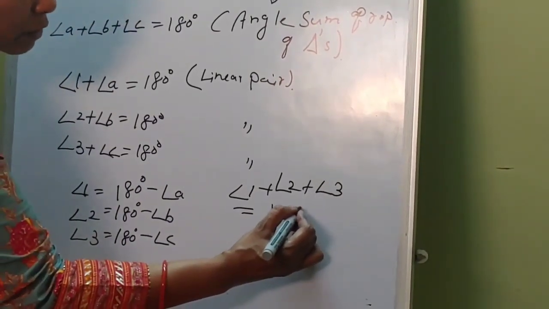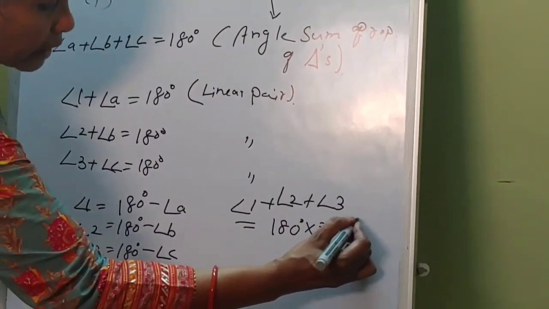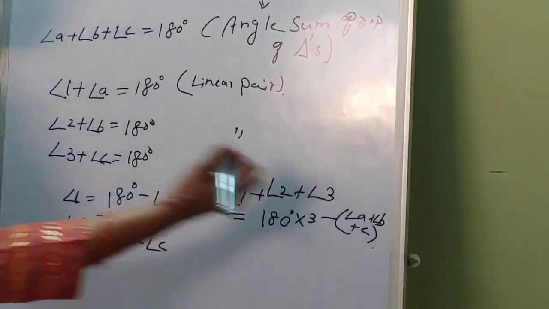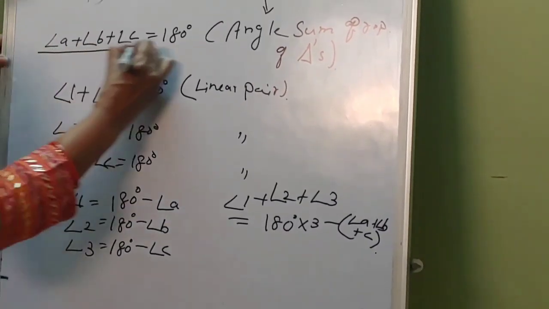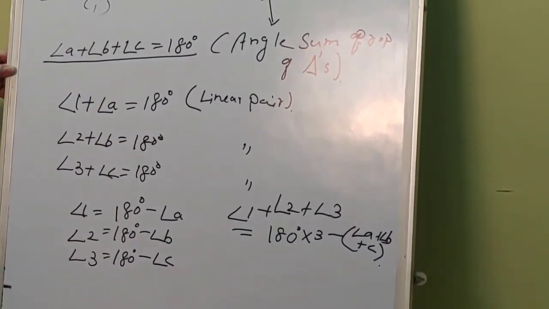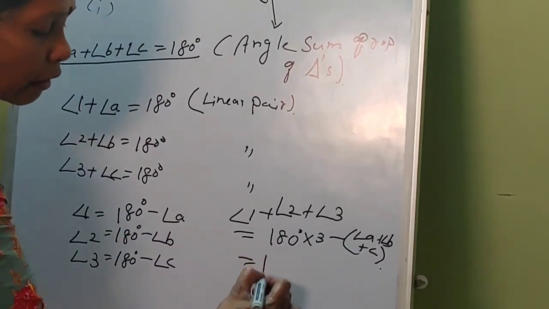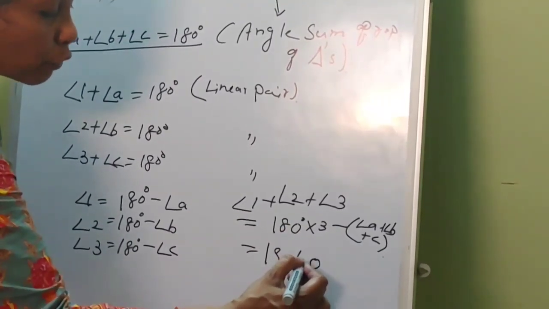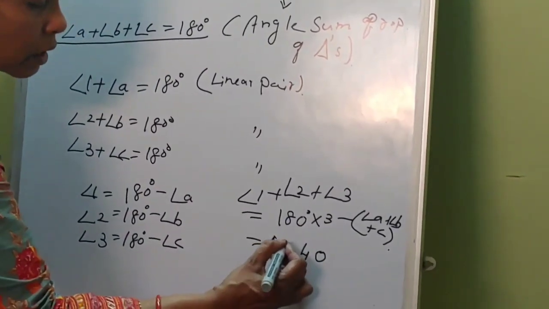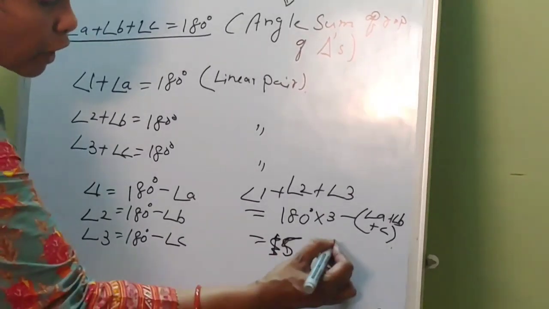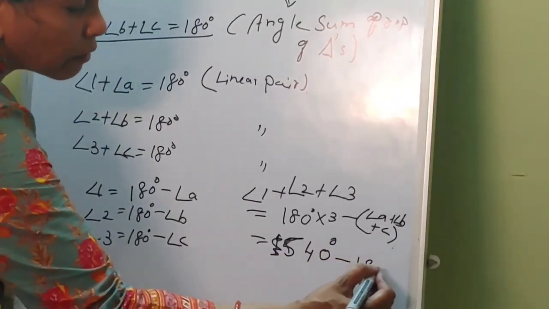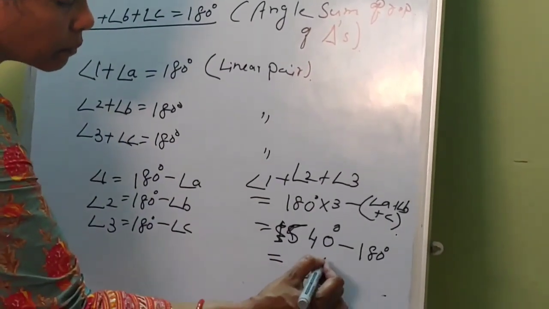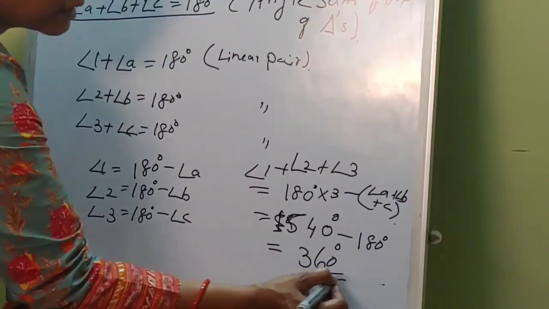So I can write this as 180 into 3 minus angle A plus angle B plus angle C. And we know that A plus B plus C is 180. So I'll substitute here and I'll find it as 540 minus 180 degrees. So it comes out to be 360 degrees.